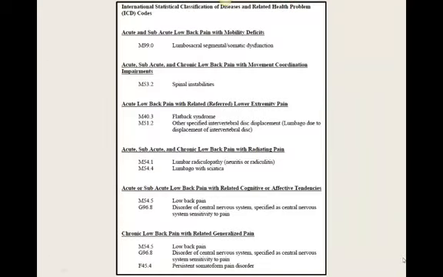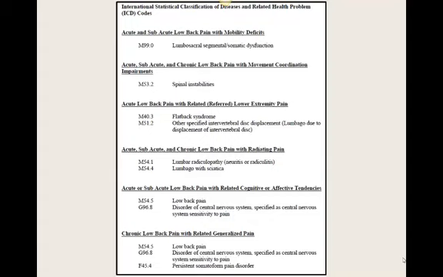This slide is taken directly out of the low back pain guidelines and is just a brief overview of the different classifications. They also include the ICD codes underneath the classification. So again, acute and subacute low back pain with mobility deficits. The ICD code under that: lumbosacral segmental or somatic dysfunction.